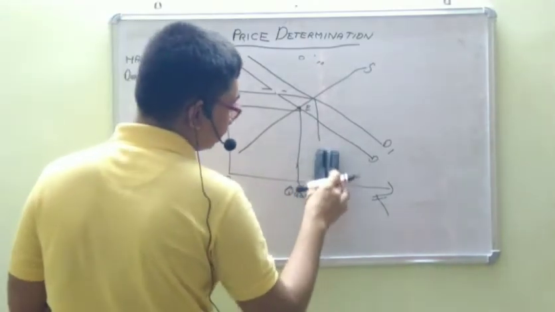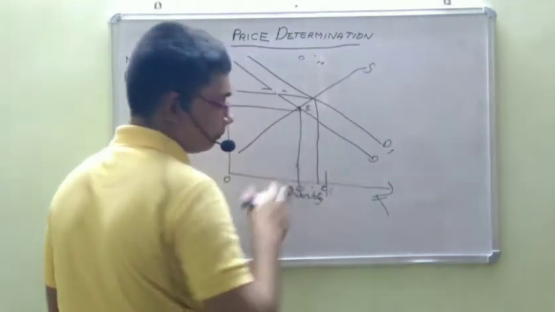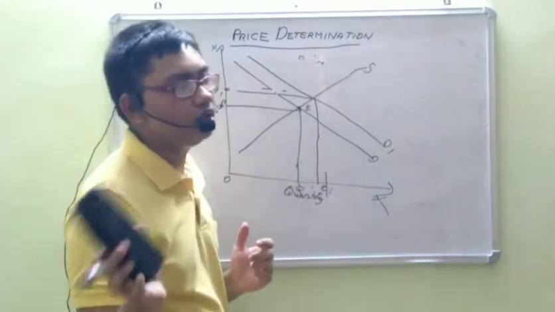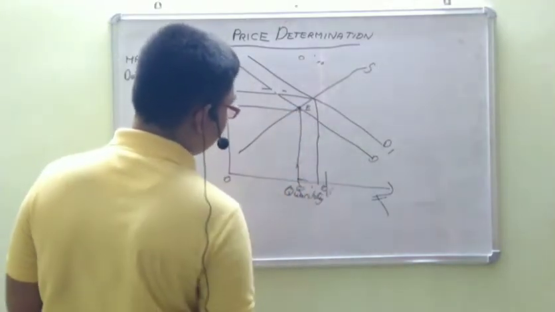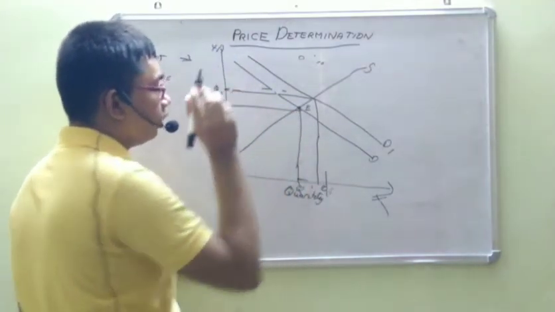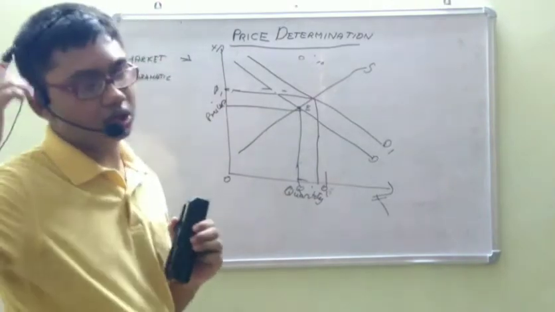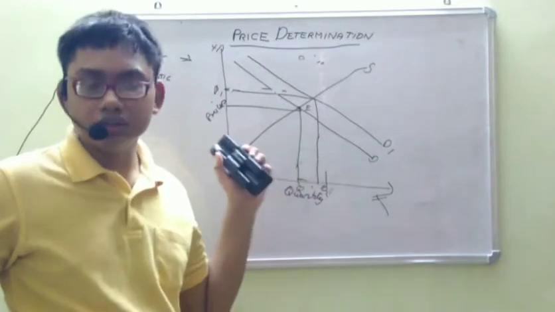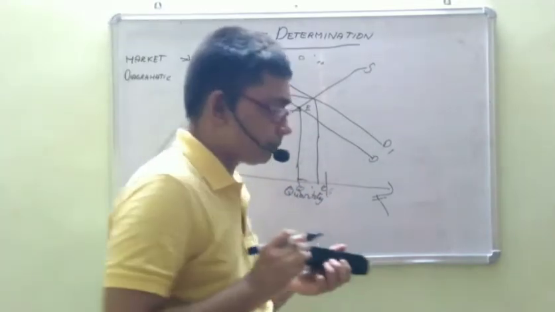Definitely Q1 is greater than Q and P1 is greater than P. So when the demand curve shifts outwards to the right, definitely the price as well as quantity will increase.